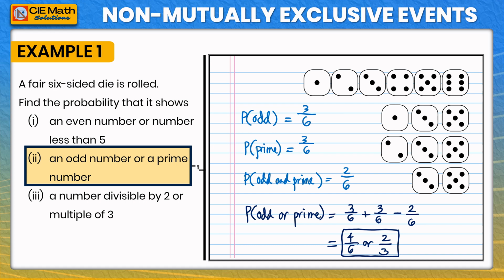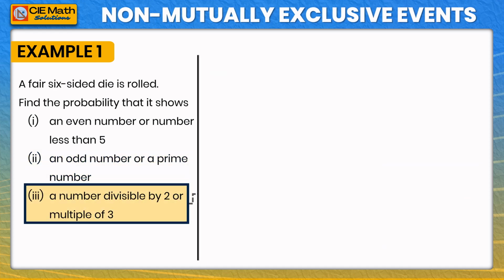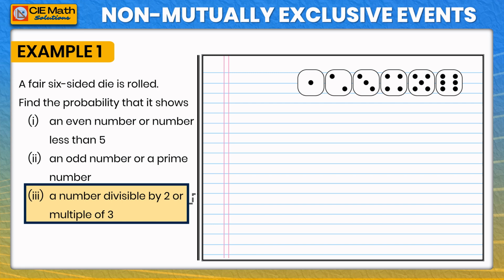The third item, a number divisible by 2, or a multiple of 3. The first event again is a number divisible by 2. This is the other way of saying that it is an even number. So what are those even numbers, or divisible by 2? We have 2, 4, and 6.